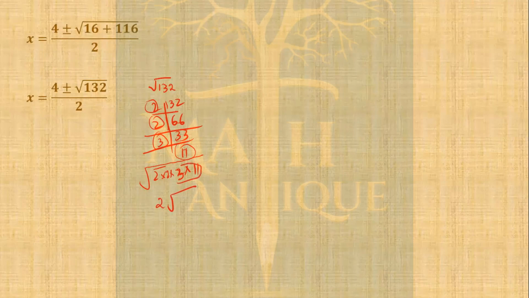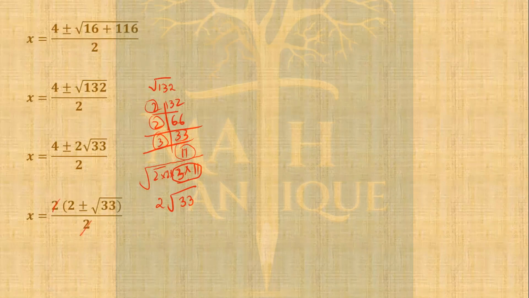So 3 into 11 is 33. So after simplification, it would be 2 under root 33. Look, and in the numerator, we have two terms, right? And we take 2 as common. 2 common, it will become 2 plus minus under root 33 upon 2. You can see 2 cancels. And after simplification, it would be 2 plus root 33 or 2 minus root 33.